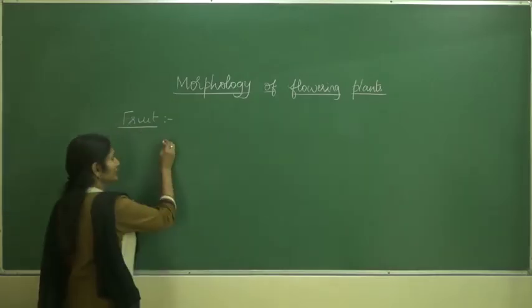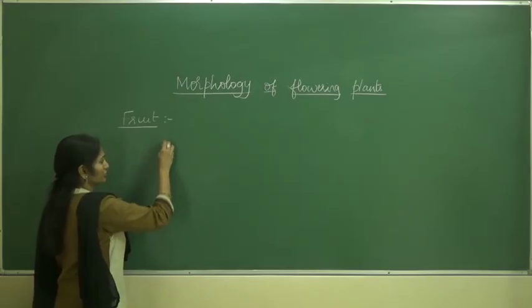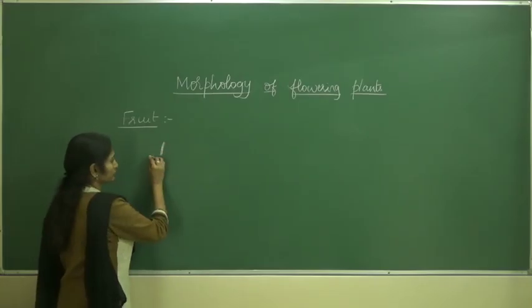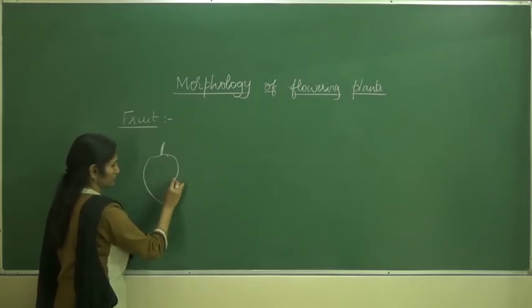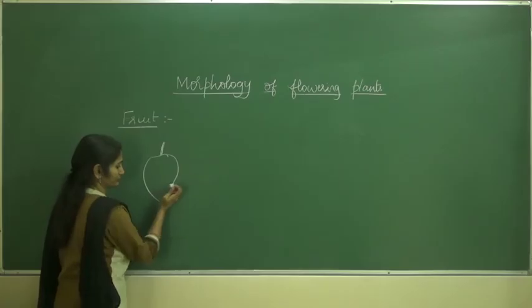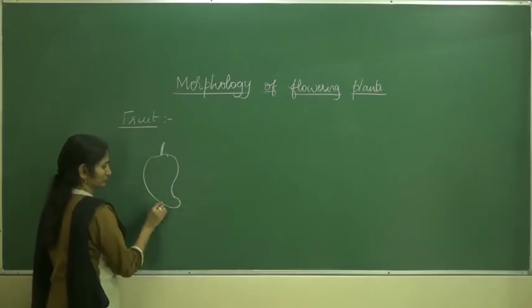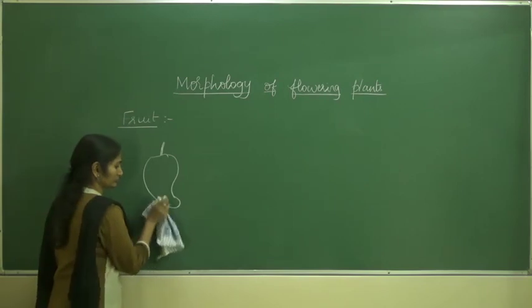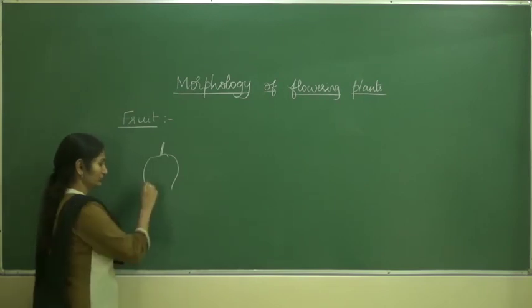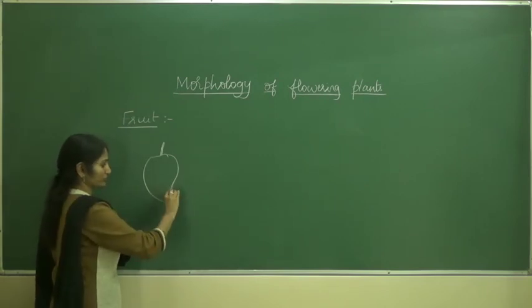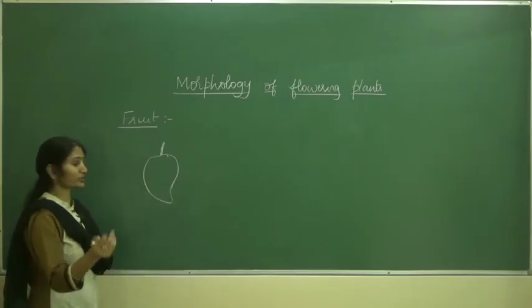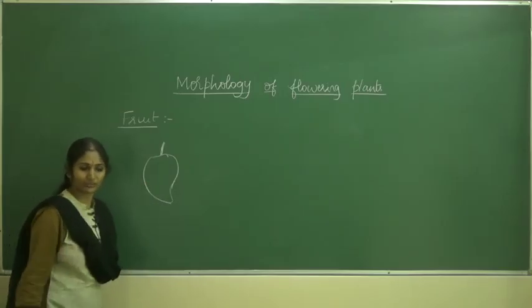Generally, you see that there is this stalk, and then you would have the mango. We will take the example of mango. You can take any fruit for that matter, but since your textbook says mango, I have taken a mango here.